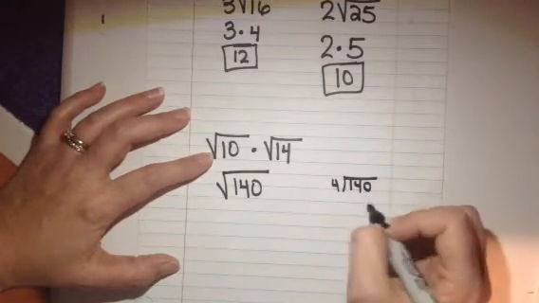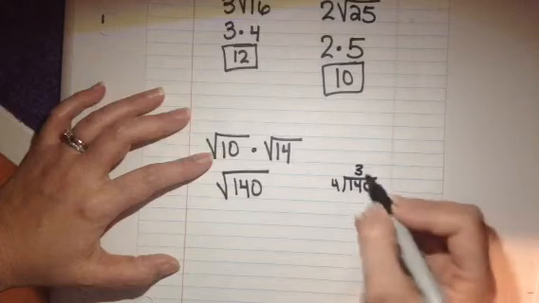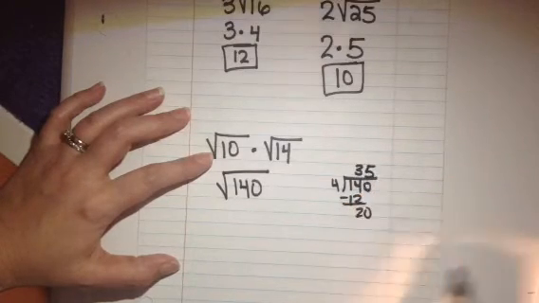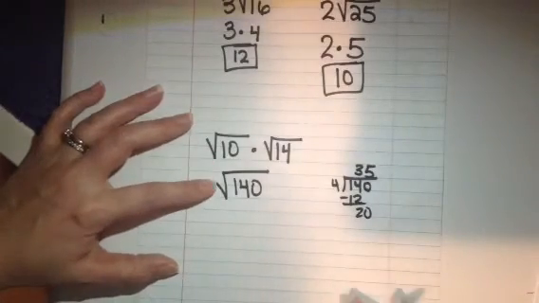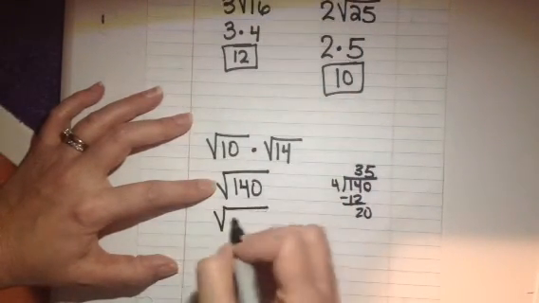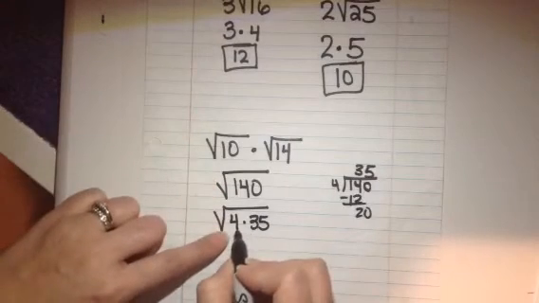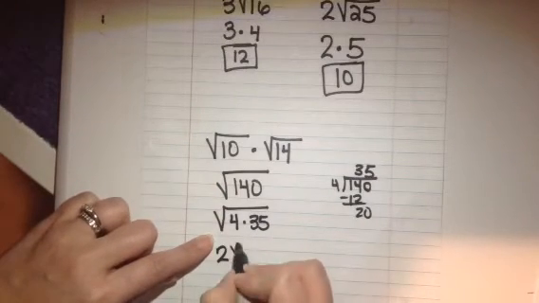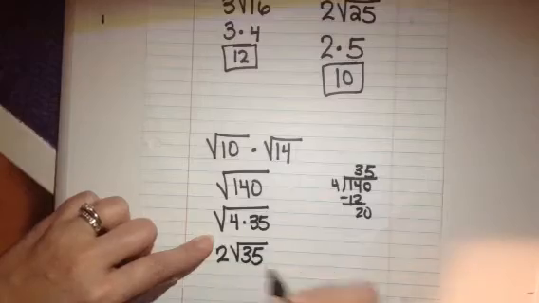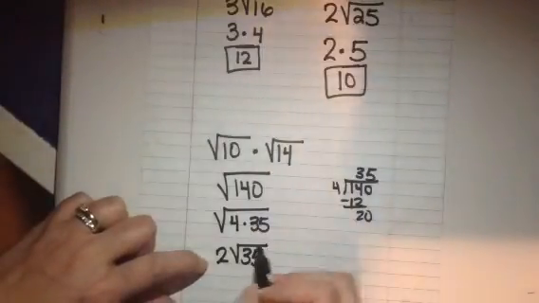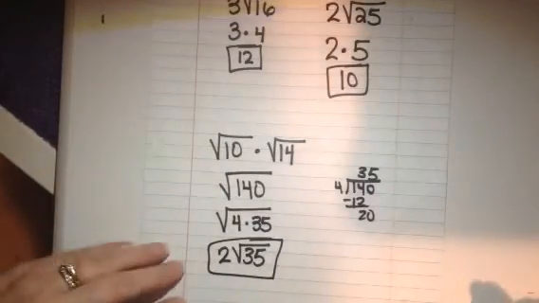Over to the side, if you need to do that, that's fine. 3, and then that would be 12, 20, 35. Yep, 4 times 35 is 140. Sometimes you may have to do the math to the side. Okay, and then the square root of 4 is 2, and then 35 is left under the radical, not on my perfect squares list. So this would be my final answer for that one.